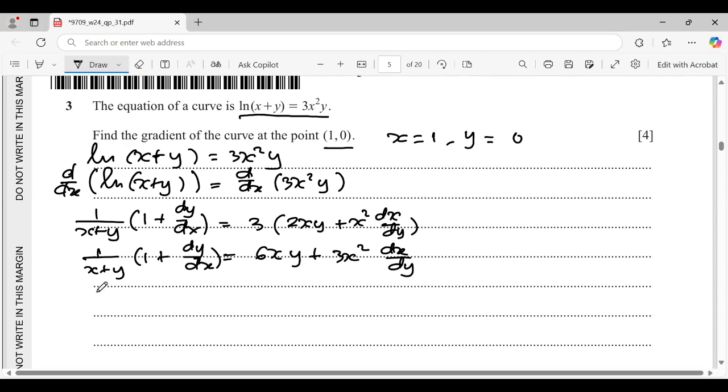So this equation becomes 1 over (1 plus 0) times (1 plus dy/dx) equals, well, this is 0, plus 3 times 1 times dy/dx.